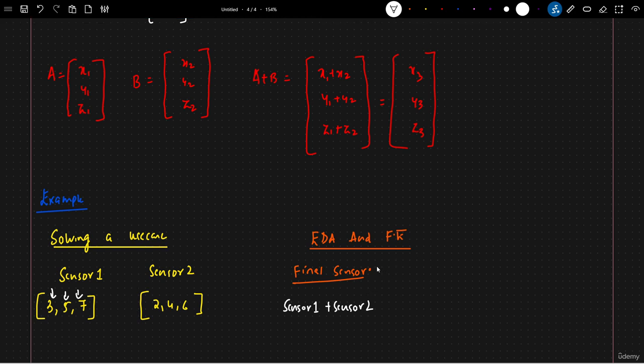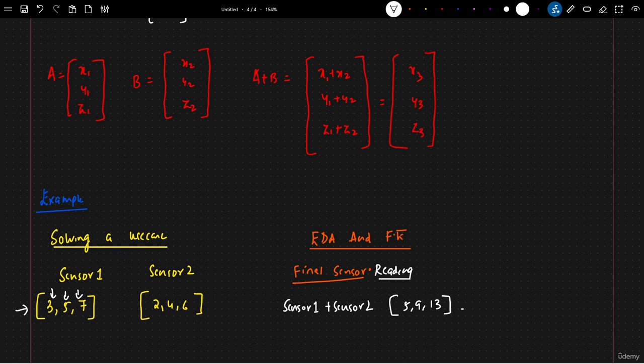To find the final sensor reading, we had to sum all the values, because there were multiple sensors used in the device. In short, we just add these numbers. Once we add them, for this particular sensor we would get something like 5, 9, 13, right? So this kind of operation is definitely there with respect to vector addition.